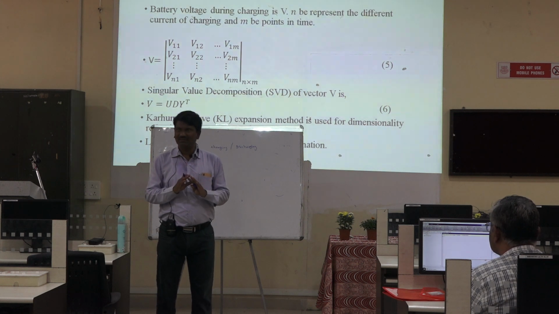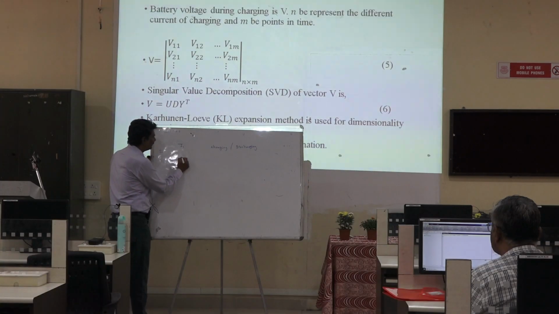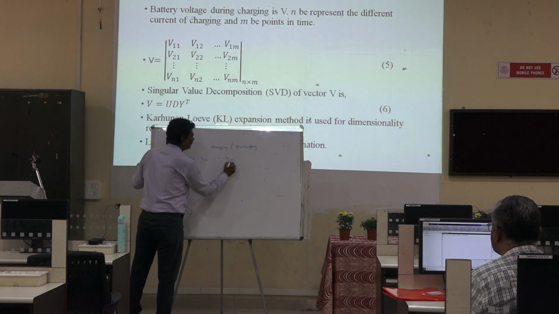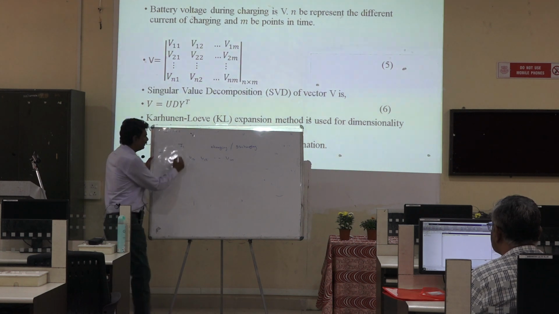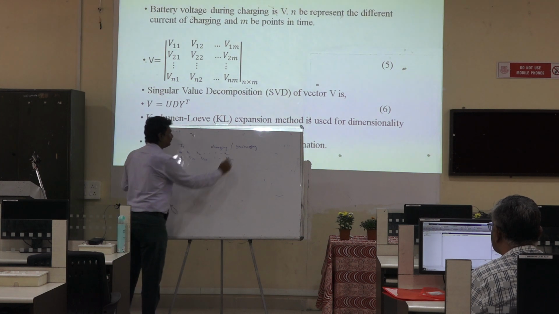If it has the same path, it means that for current I1, I have the voltages. I am measuring V11, V12, V13 up to V1M. This may be at T0, T1, T2 up to Tn.